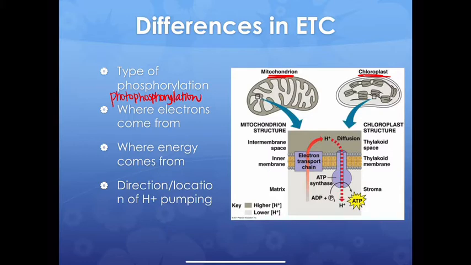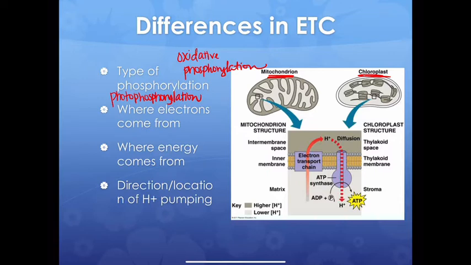In the mitochondria, the electron transport chain does oxidative phosphorylation. Sorry, my voice is weird today. Now, we also have substrate-level phosphorylation, but that's going to happen in glycolysis and in the Krebs cycle. We're talking about the electron transport chain, and so for the mitochondria in cellular respiration, the electron transport chain is the one that does oxidative phosphorylation.